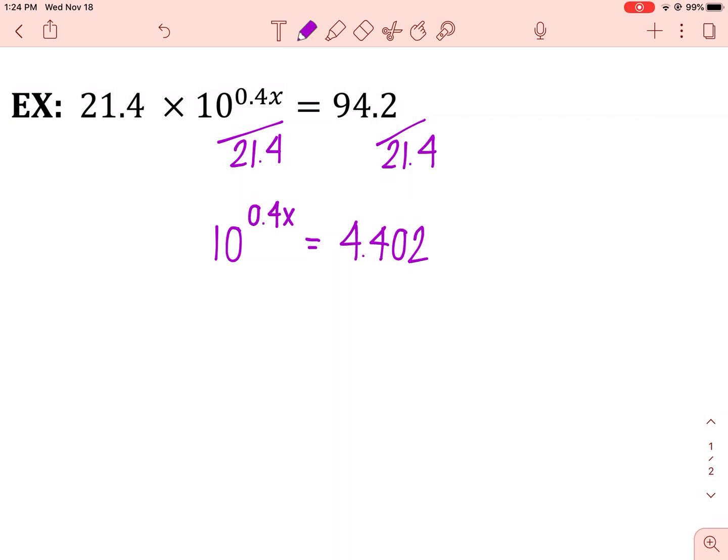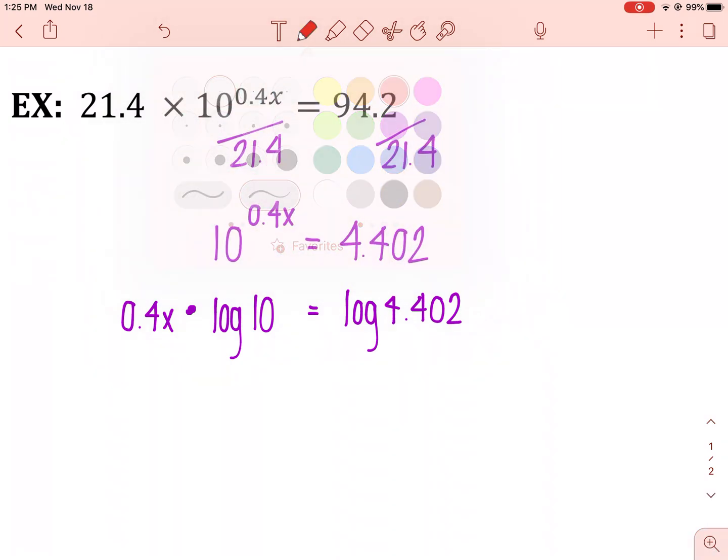Our variable is in the exponent, so we're going to log both sides to be able to get that exponent in front. It's being multiplied. I'm going to jump to the fact already that this is just 1. Eliminate another step for me, because we know log base 10 of 10 is 1.